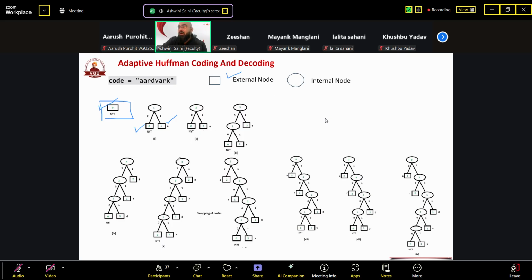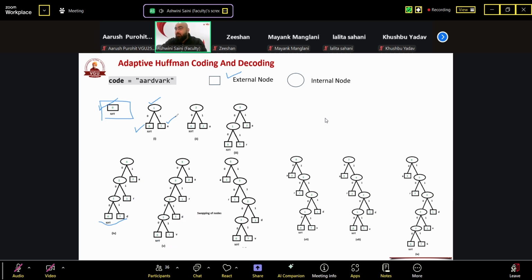Those showing the total of left and right are the internal nodes. Leaf nodes are represented as external nodes, and branch nodes, or the root node, are the internal nodes.